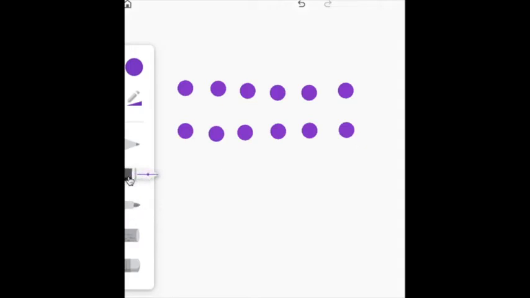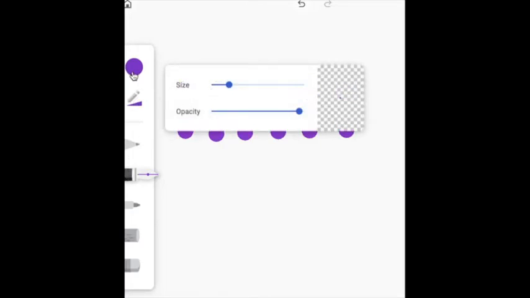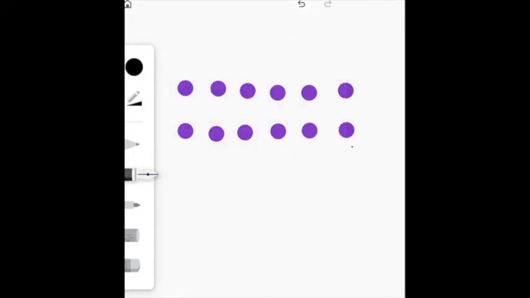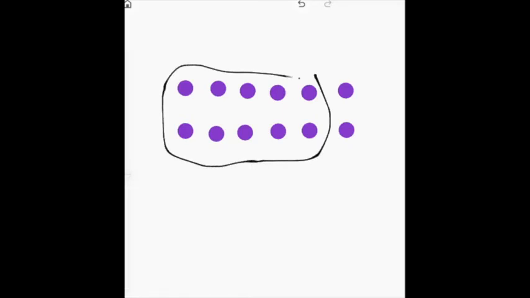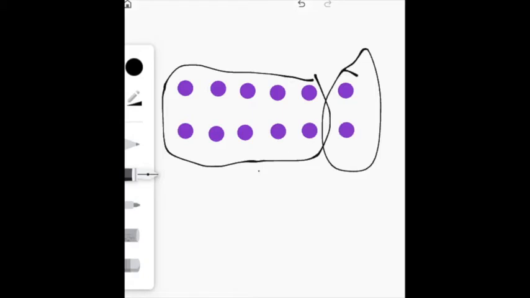Let's show Eva how to split it into 10 and 2. Let me change my color. How can we split this into 10 and 2? Let's circle them. Let's see. I circled 10. And I circled 2.